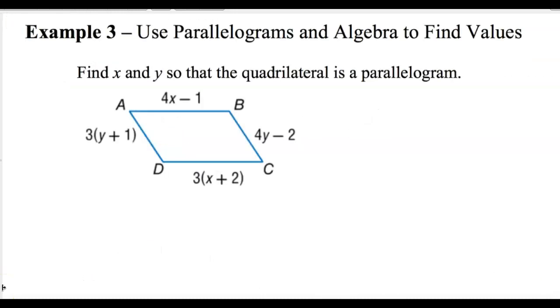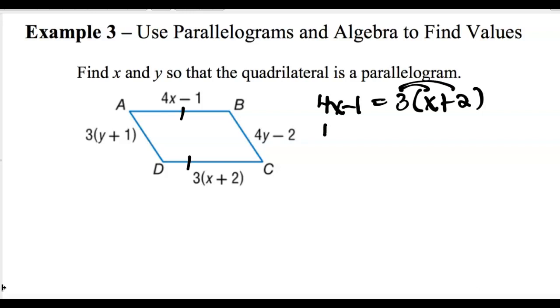Alright, we're going to use some algebra skills here to solve problems. Show that this is a parallelogram. If that's true, we want to say that 4x minus 1 equals 3 times x plus 2. Remember, this is the distributive property, so we'd have to distribute. We'll get 4x minus 1 is equal to 3x plus 6.